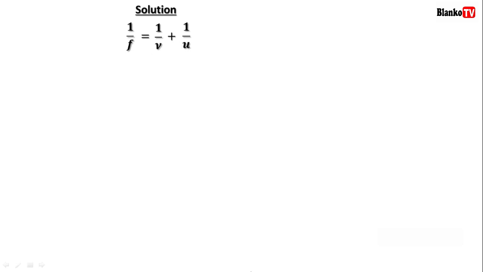So fvu is going to be our LCM. So we have fvu multiplies 1 over f equals fvu multiplies 1 over v plus fvu multiplies 1 over u.